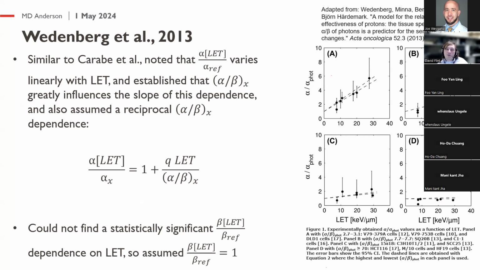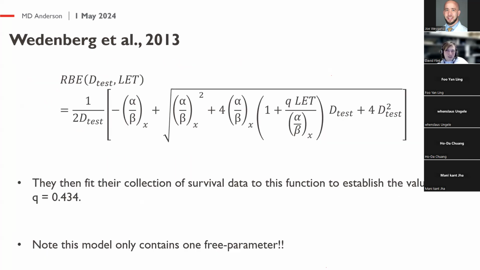And they did find that a reciprocal dependence on alpha over beta is suitable. So they used this equation to model the trends they observed. They couldn't find a statistically significant dependence of beta on LET, so they just assumed that beta was invariant with LET. This is similar to what MKM is assuming. So this results in a model that looks like this.